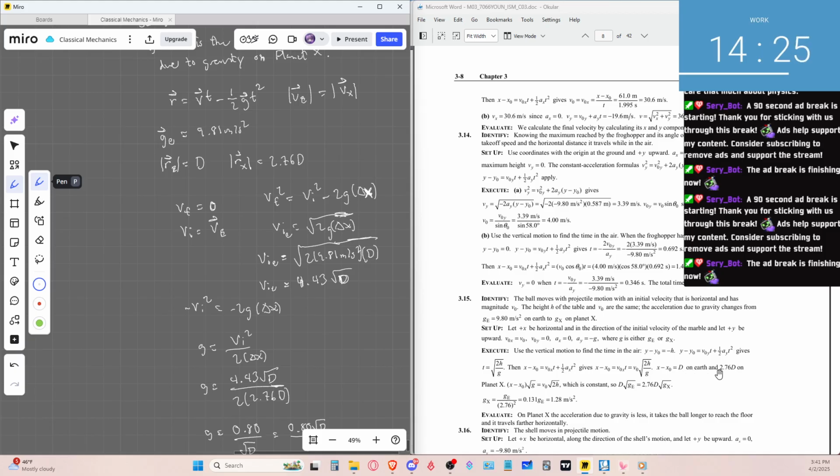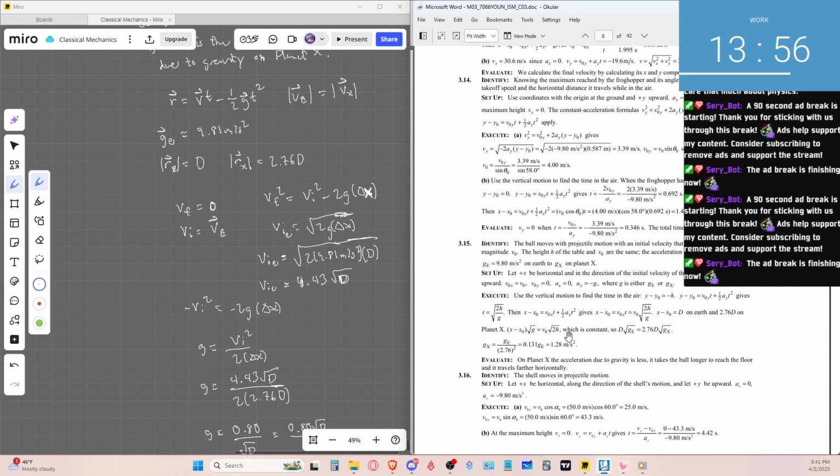Yeah, that equals D on Earth and Planet X. So the difference between the... okay, so that's D. So if you multiply this with which is constant, so that D. I wonder where they got this from.